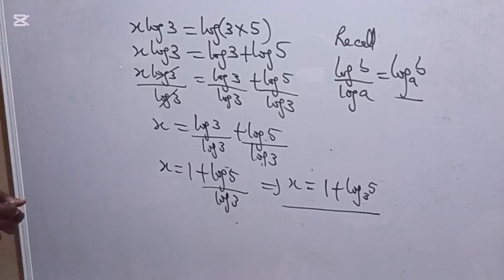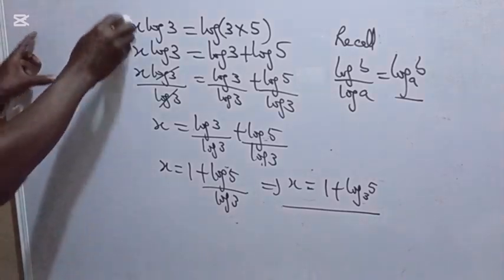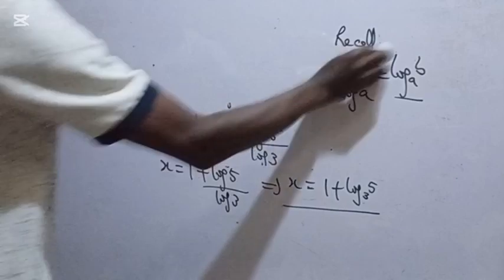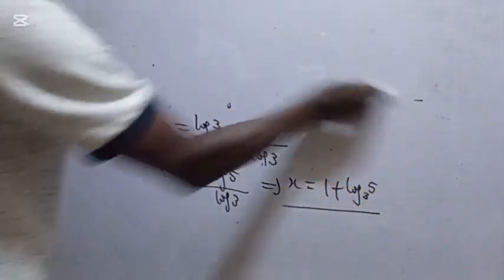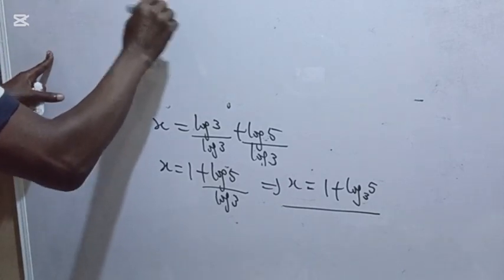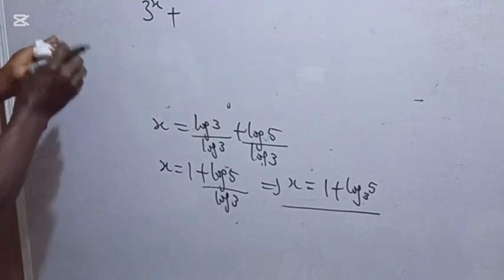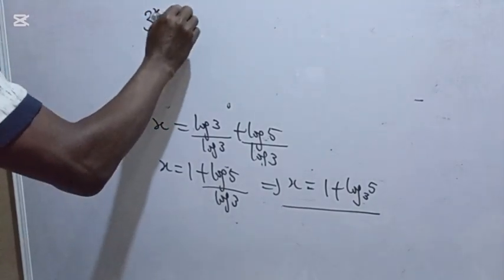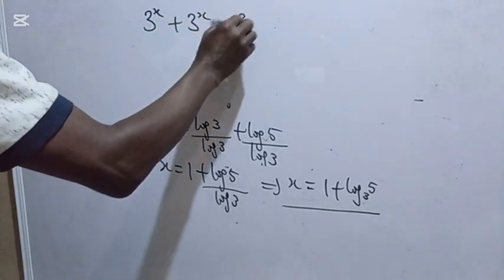But for us to know that we have gotten the correct answer, let's check what we have done. The question says 3 raised to the power x plus 3 raised to the power x is equal to 30.